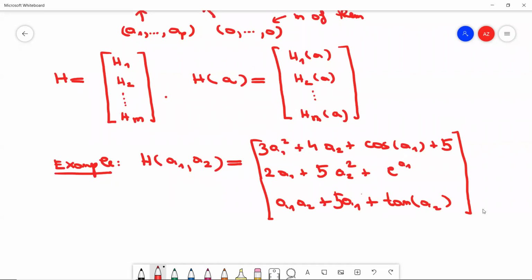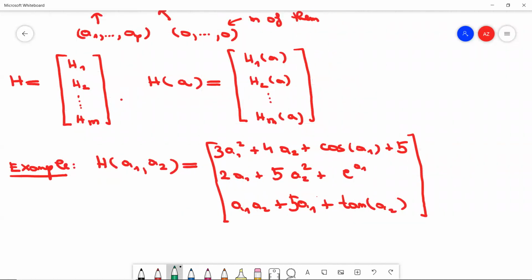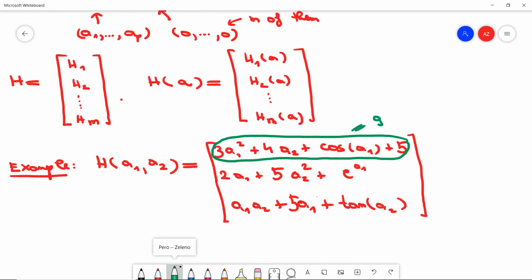So you see in here, this is g1 of a1, a2. This is g2 of a1, a2.